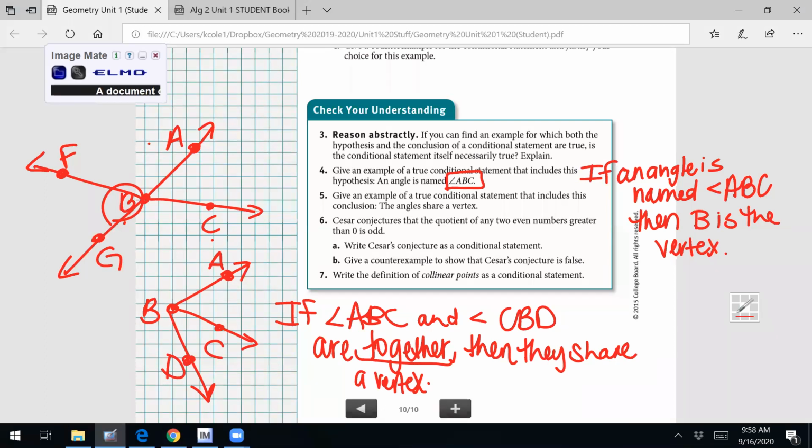All right, number 6. Caesar conjectures that the quotient of any two even numbers greater than 0 is odd. Write his conditional statement. Give a counterexample to show that he is false. Okay, so we need to write our if-then statement.